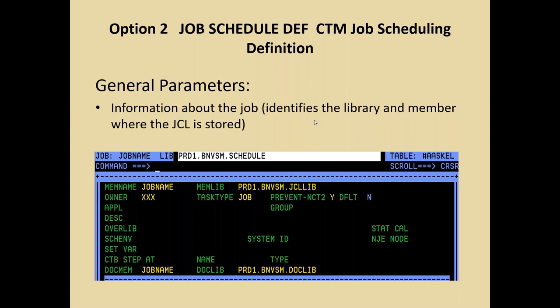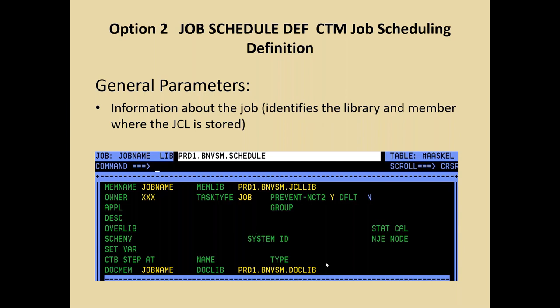In most of the applications, you can see that this data set has all the details about the job: who the application owner is, who the support group is, what their phone numbers are, which database team is handling this job, what the priority of the job is, and within how many minutes we need to engage a bridge if this job fails. All such information we can find in doclib.